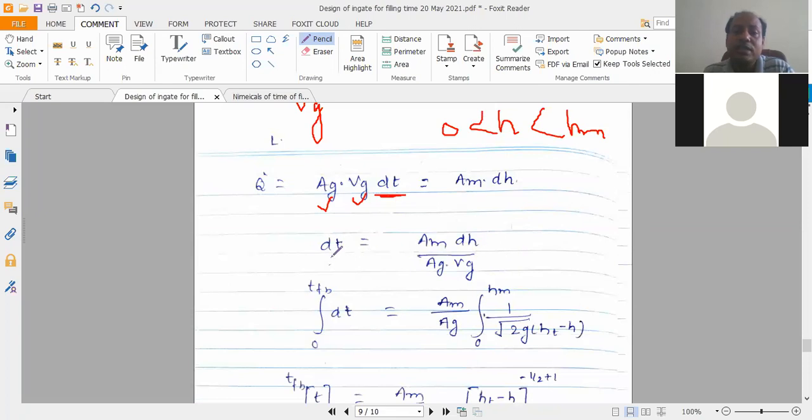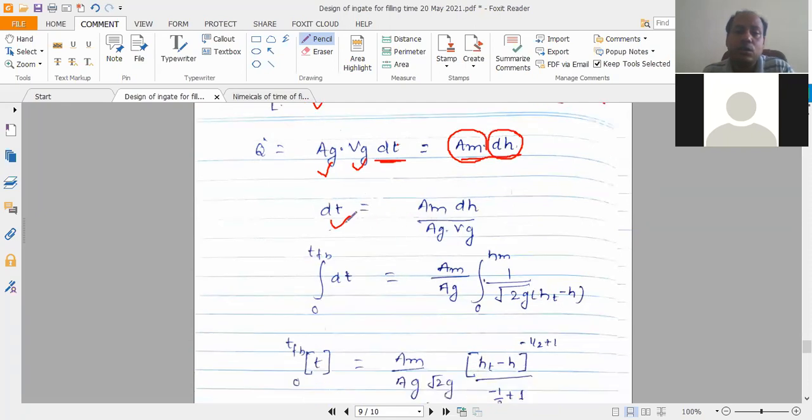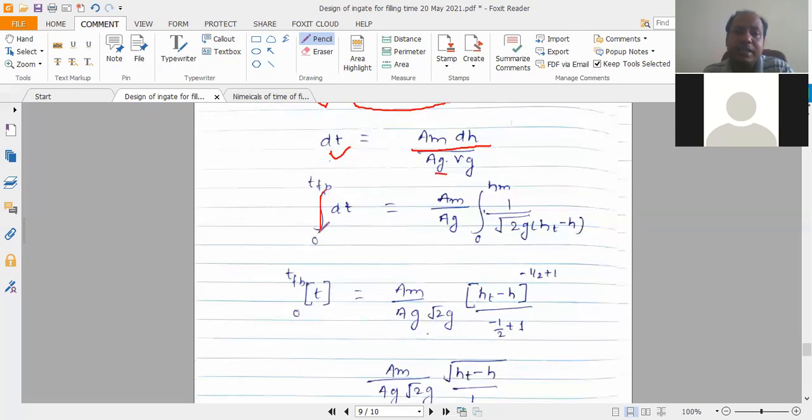Now this dt, and this is actually the volume of the mold. We have calculated this dt for the differential height dh, so the time will be calculated by integration. This goes to the denominator as ag times vg, and then we integrate to get the total time of filling, which we write as the time of filling by the bottom gate.